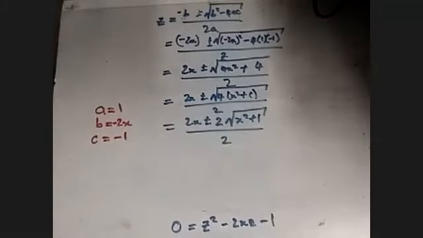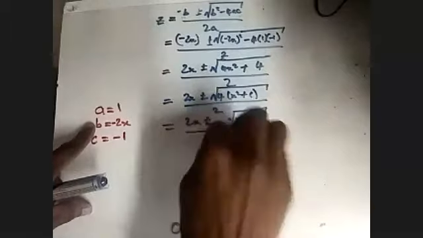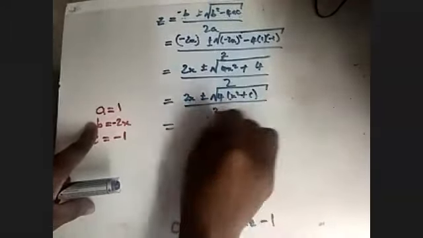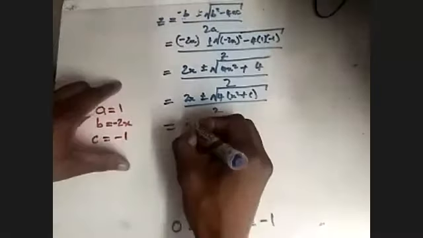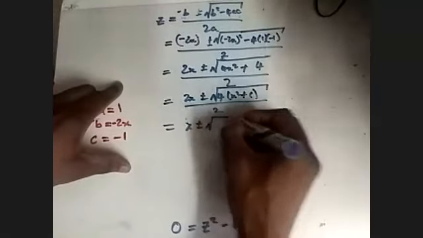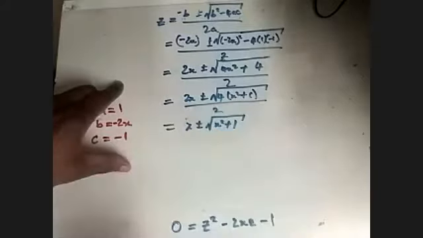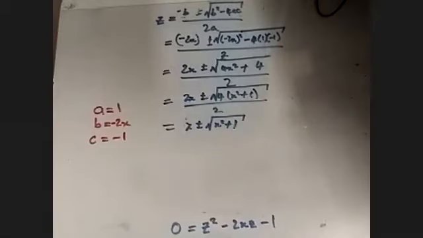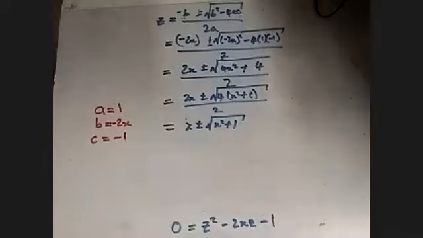Now, when you look at this, there's still a common factor here. So if I take out a common factor, you see that the 2 and the 2 disappear. So what you are left with is x plus or minus the square root of x squared plus 1. This does not mean you are done.